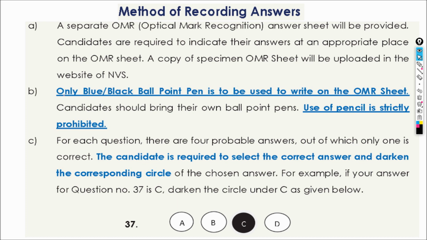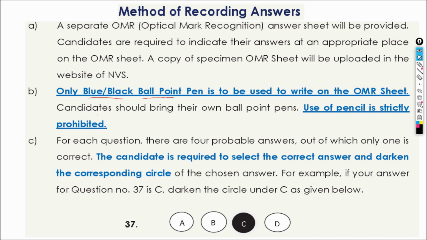So one more important thing here, only a blue or black ball point pen is to be used to write on the OMR sheet. So this is also an important thing here. A student is allowed to use only a blue or black ball point pen. This is important again. Ball point. That pen should be black or blue only.